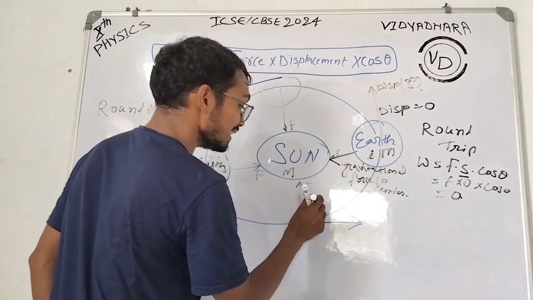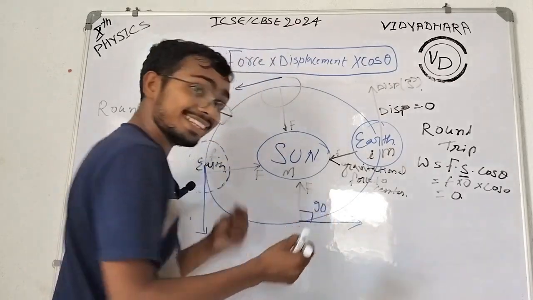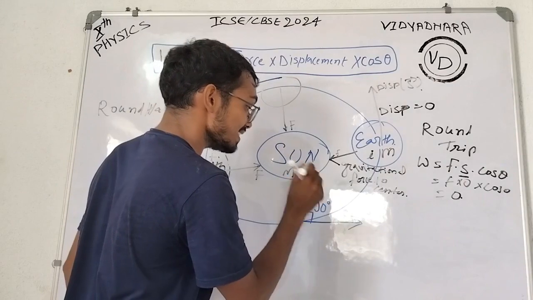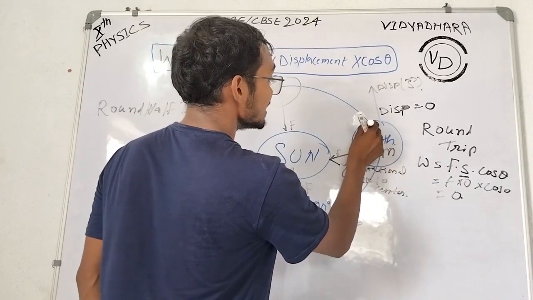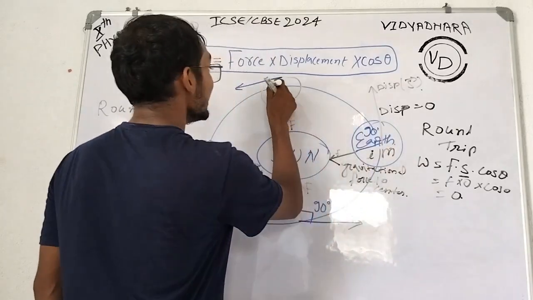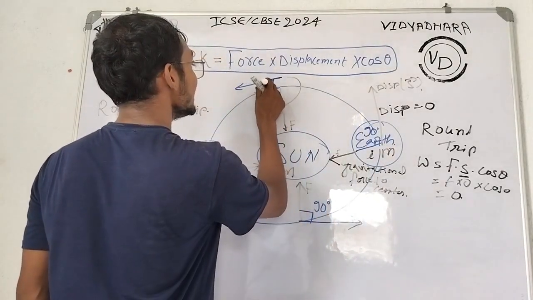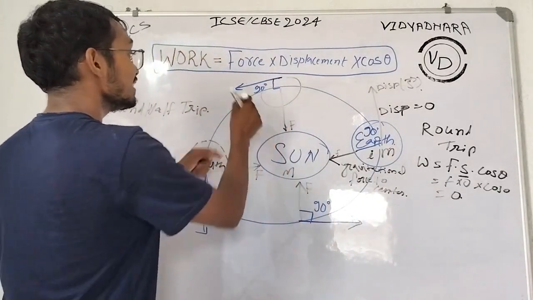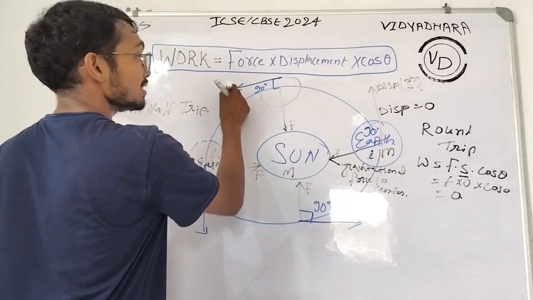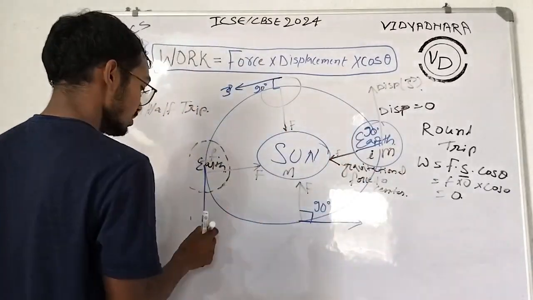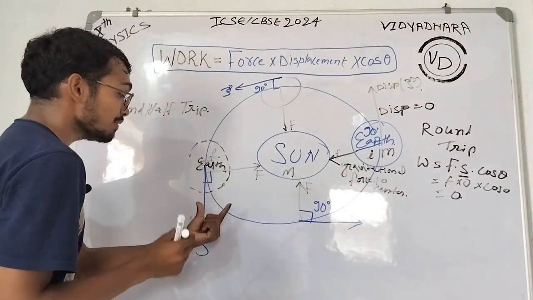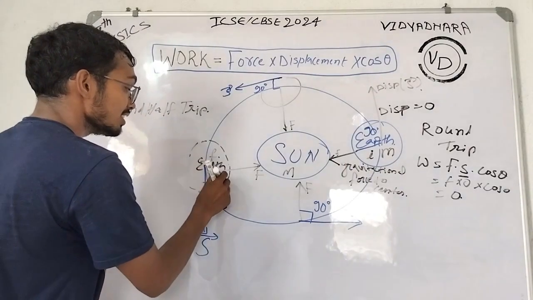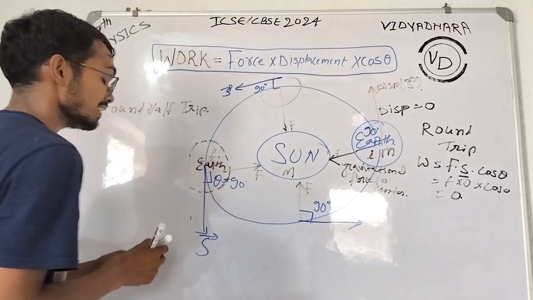So what is the angle between them? What degree? Yes, of course, 90 degree. Here also, the angle between them is 90 degree. Here also, what is the theta between force and displacement? It is equal to 90 degree.